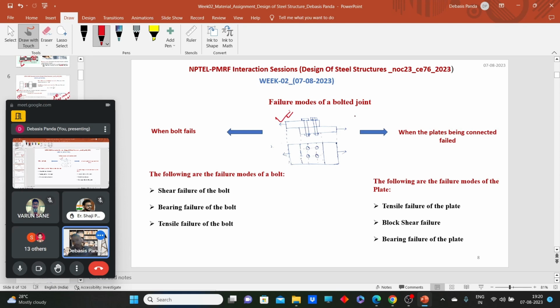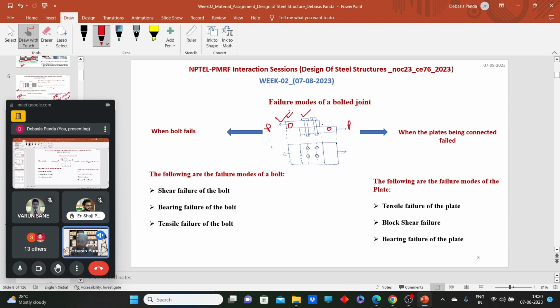When this joint will fail, I apply the load, either the bolt can fail, or the plates which are connected through the bolt can also fail.